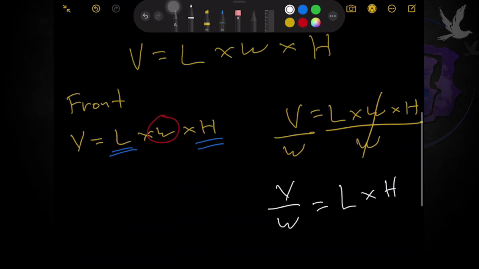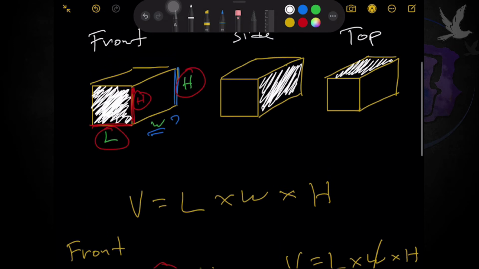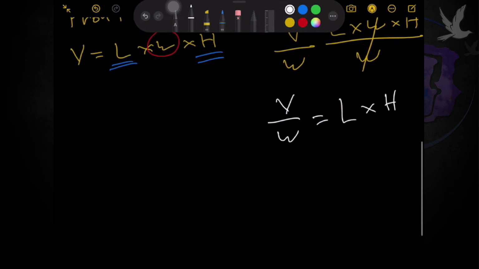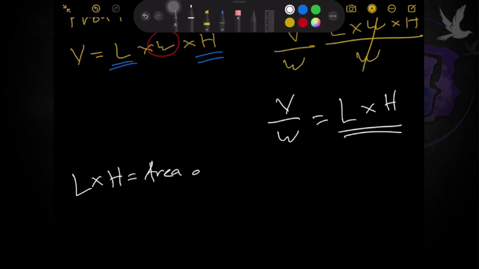And this length times height here is represented by the area of the front side. Okay? This length times height is your area of front. Okay? Area of front. So, can we just name L times H as area of front? Okay? Ganyan lang.